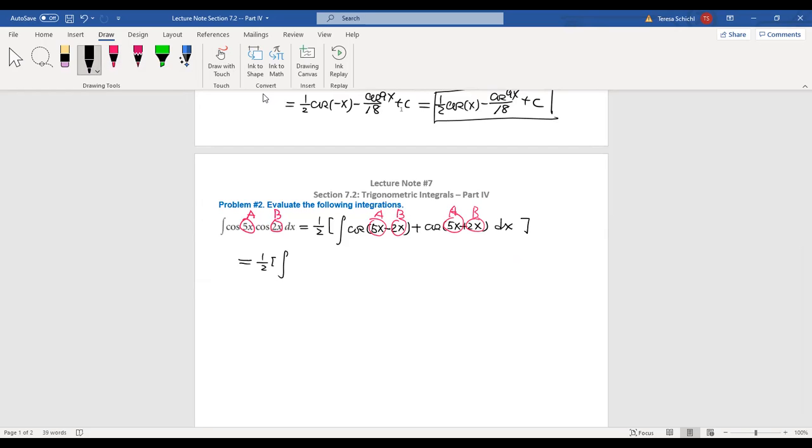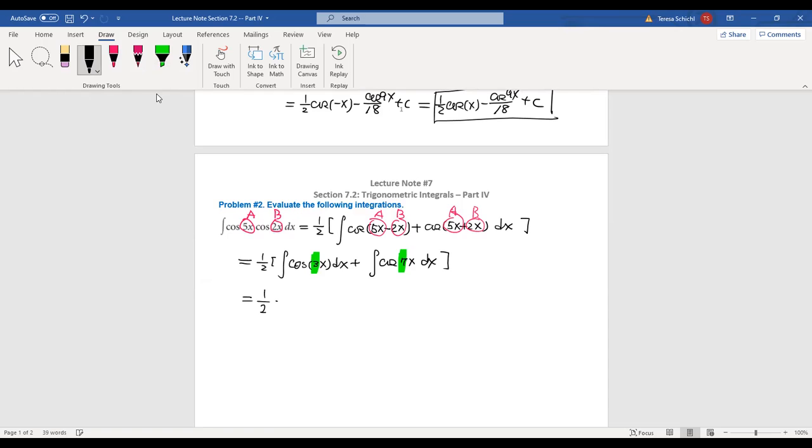So now here, this will be 1/2. Cosine 3x dx, then plus cosine 7x dx. All right, and then because this has a constant, when we integrate, we make sure we adjust the constants.